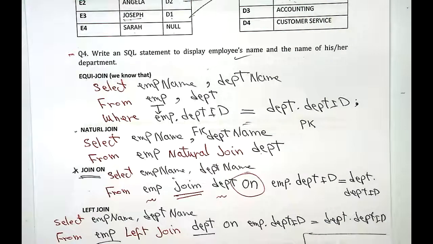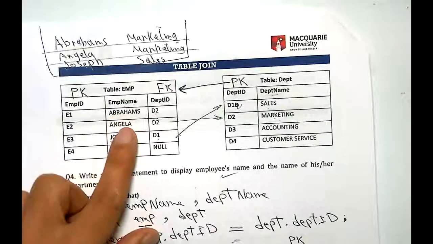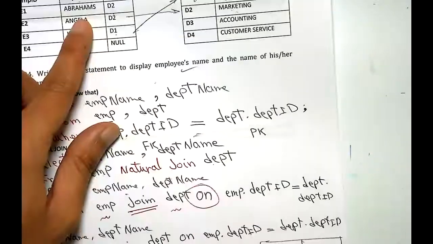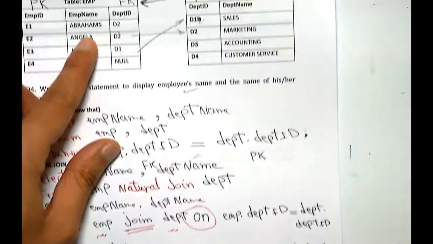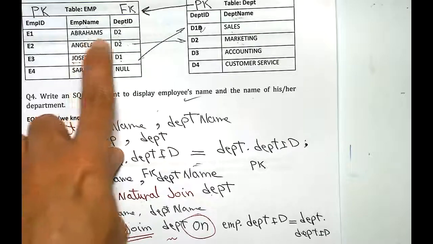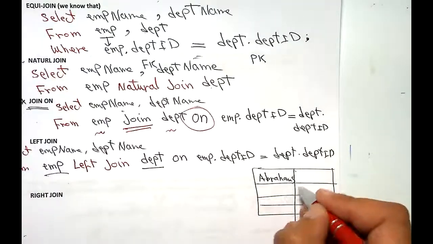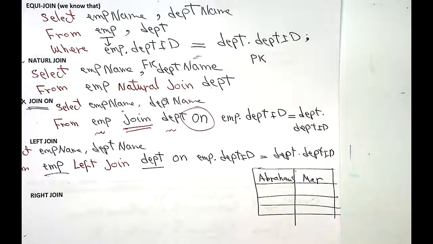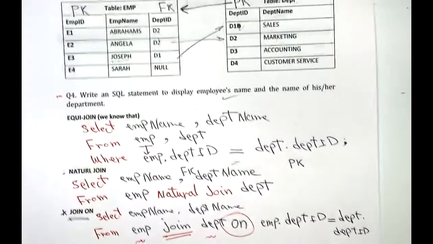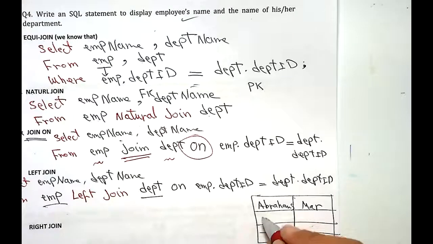So the left table, how many records in the left table? We have 4. So the first one, Abrahams. And what is his department? So Abrahams works in marketing. Number 2, Angela.